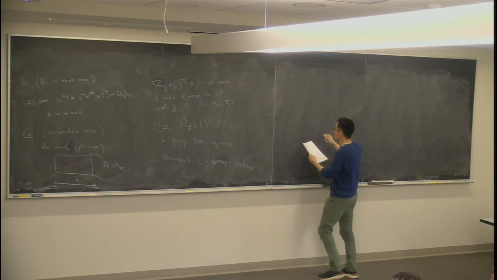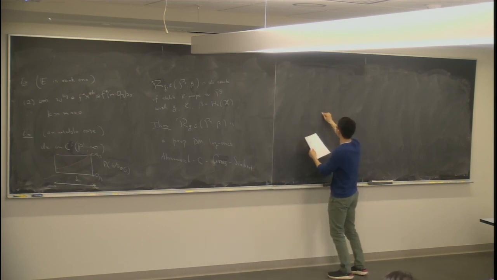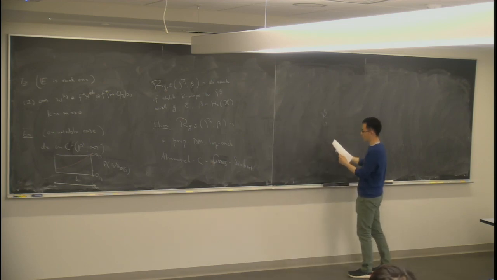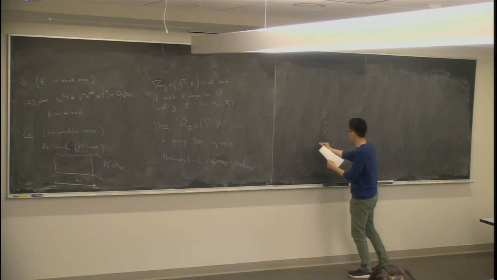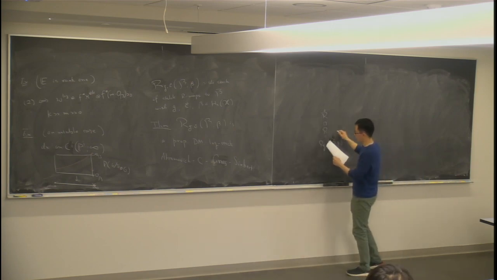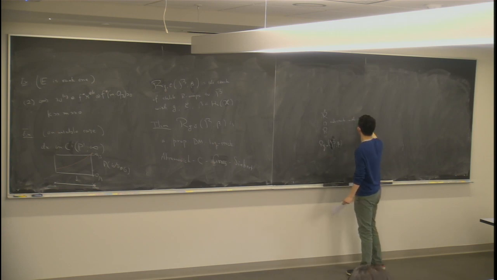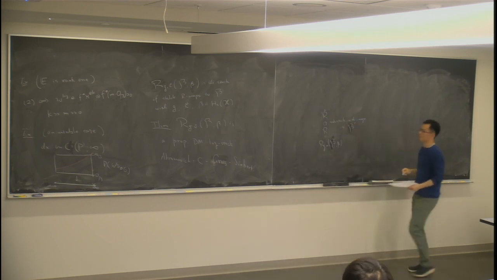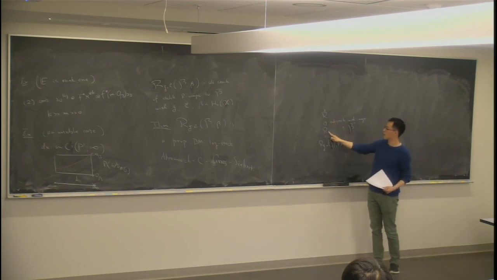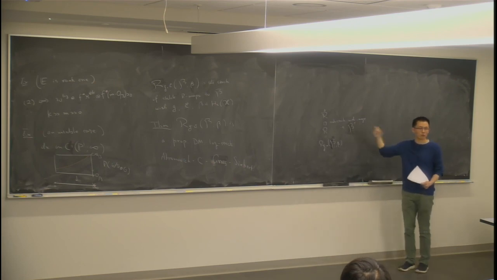So I'm going to draw a diagram. So I'm going to consider the substack inside here, curly P, with image in, so I'm not taking the full substack, I'm taking the substack where the image of the R map is containing the locus with trivial logarithmic structure.